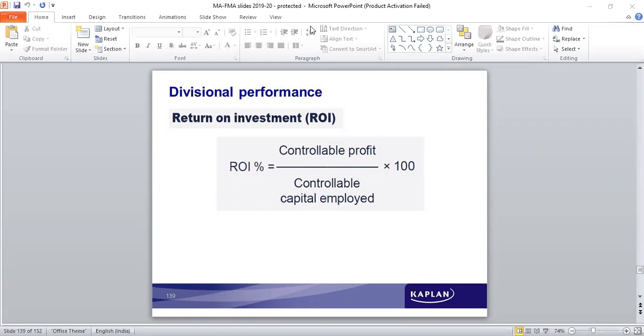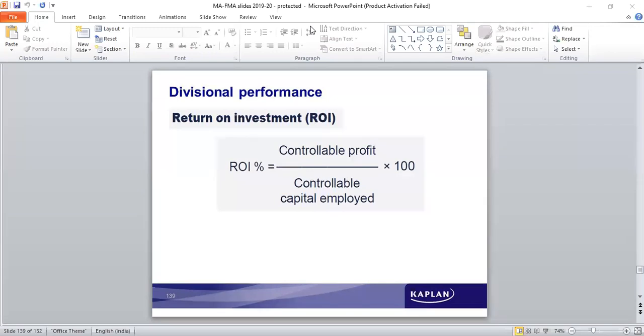So ROI is equal to controllable profit divided by controllable capital employed. What does controllable profit mean? Only those costs which are under the purview of the manager and which he can control are considered. The controllable profit earned, divided by the capital invested in that unit or division, multiplied by 100, is ROI, return on investment.